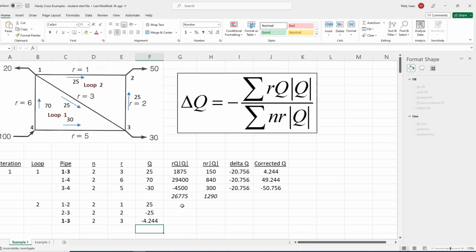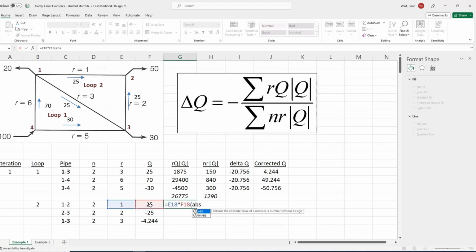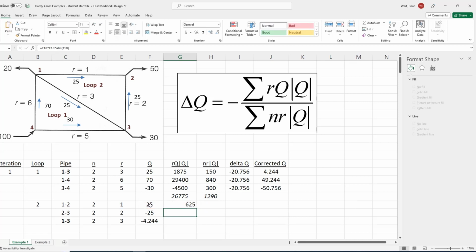Okay, so now let's apply this formula of R times Q times absolute value of Q, and drag that down through all 3 of them. And I guess I'll center it and reduce the digits here.